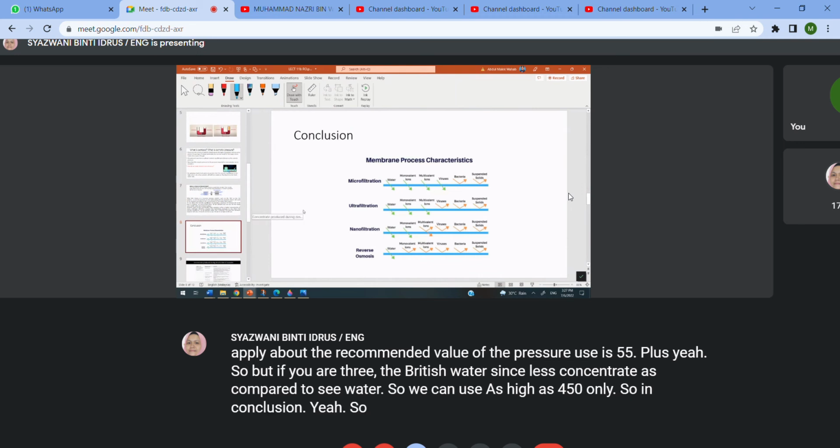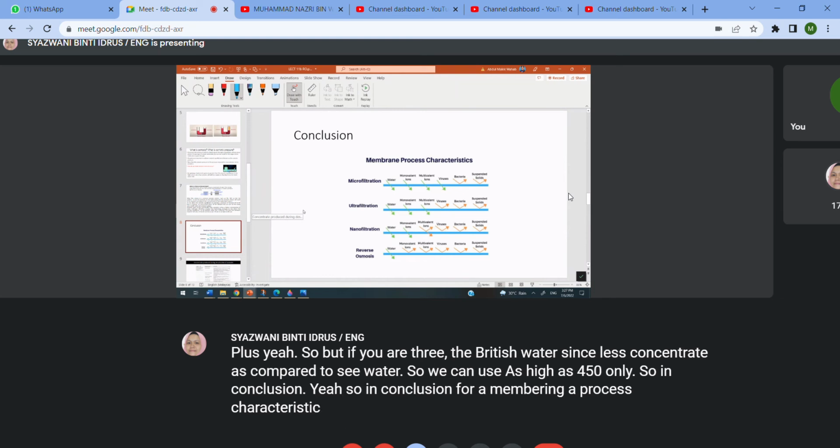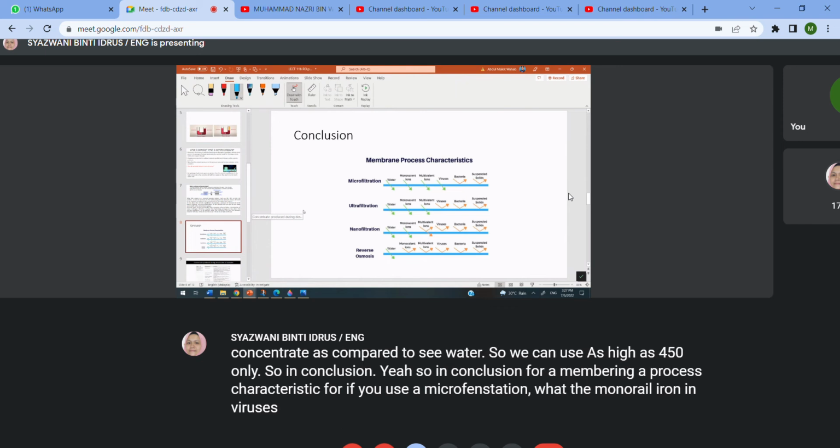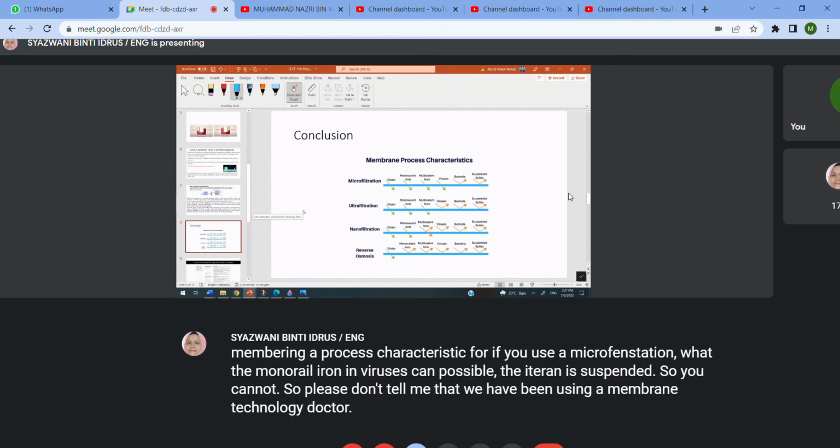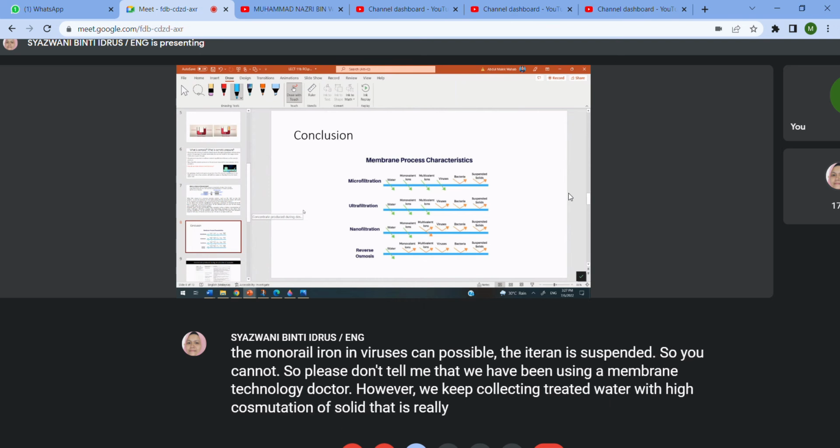In conclusion, for the membrane process characteristics, if we use microfiltration, water, monovalent ions, multivalent ions, and viruses can pass through. Bacteria and suspended solids cannot. So please don't tell me that we have been using a membrane technology, doctor, however we keep collecting treated water with a high concentration of total solids. That is ridiculous, meaning something is wrong with the membrane system.